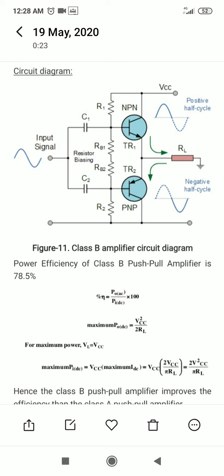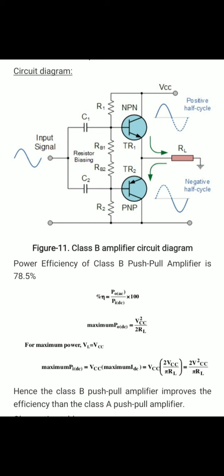In the same way, RB2 is connected to the base of TR2, and RB1 is connected with one end to the base of TR1 and the other end to RB2. R2 is connected to the base of TR2 and the other end is grounded.